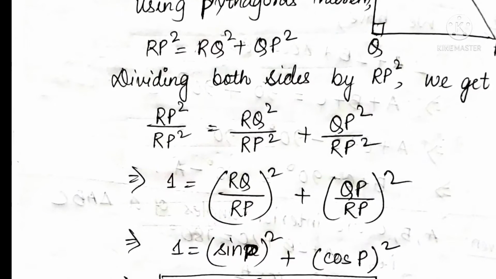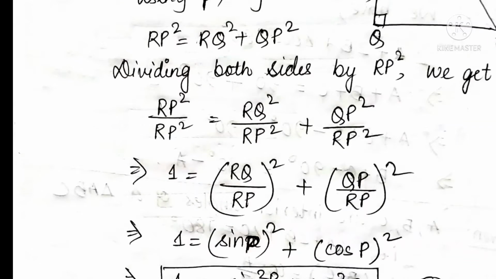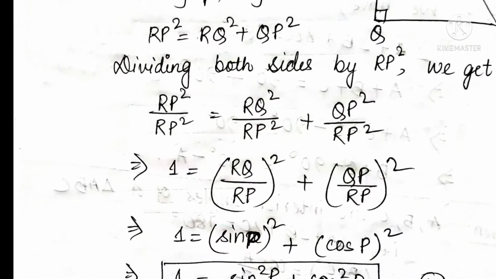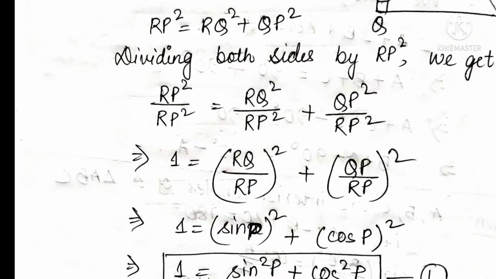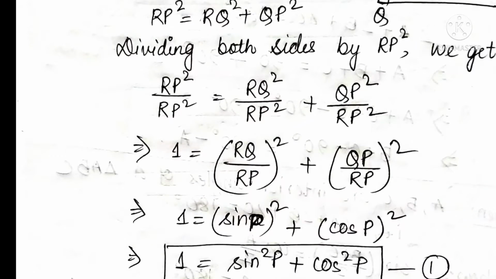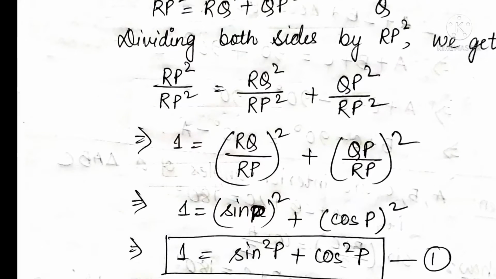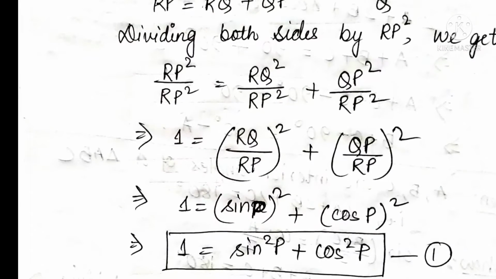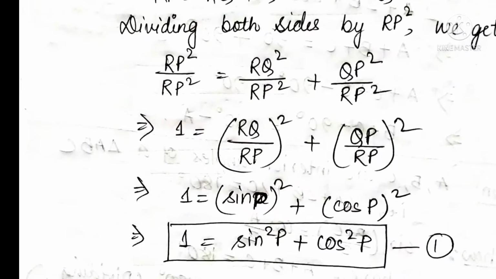Similarly, QP by RP, from the diagram itself you can see QP is the base, RP is the hypotenuse. So base by hypotenuse is cos P. So that means we can write 1 is equal to sin P whole square plus cos P whole square, or we can write 1 is equal to sin square P plus cos square P.